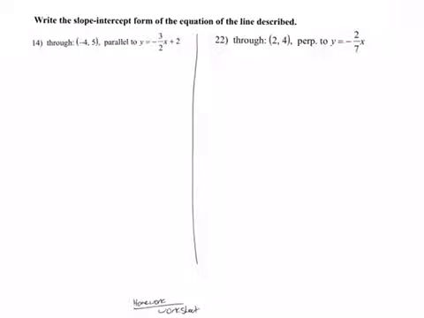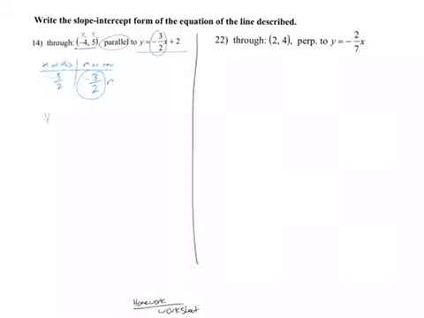So let's try one of each of these, and then you can get started there on your homework. So it says, through this point, parallel to this line. So here's the slope of this line. So the m of this is negative 3/2. So m of new is going to be also negative 3/2. So here's my slope. This is my m. This is going to be my x1 and my y1.